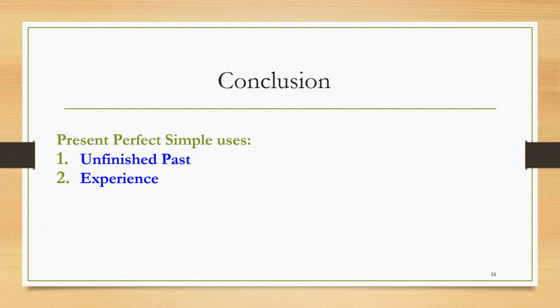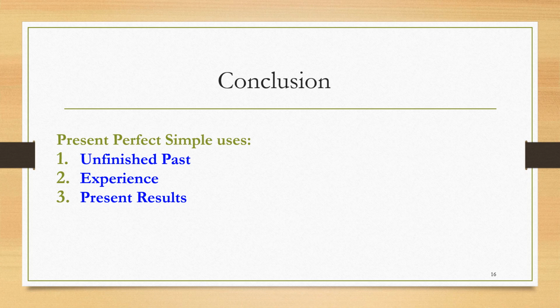Talking about experience, for example, I have been to the United States. Right now I am in Cambodia, Phnom Penh, but I talk about my experience in the United States. And the last one is present result. It's about the thing that you have done, but it still has a result in the present time.